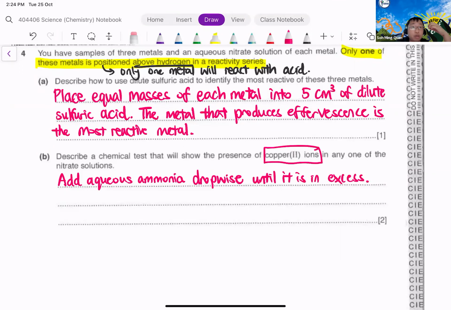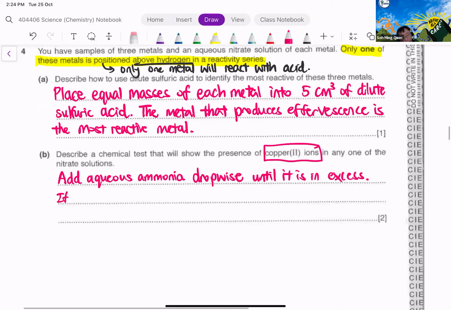All right. So you don't just say add aqueous ammonia, you need to say add aqueous ammonia drop-wise until it's in excess. Then this alone won't get you 2 marks either, right? This is only 1 mark. You need to tell me what's the observation. If there are copper-2 ions, what do you observe?